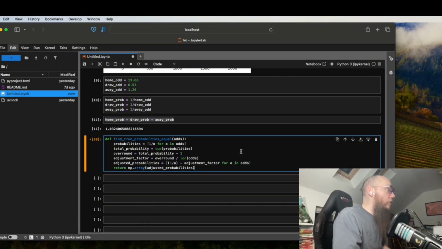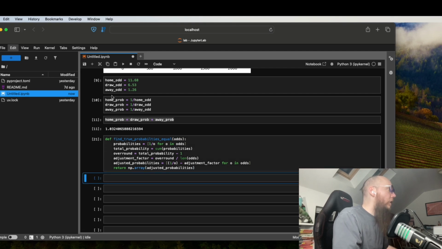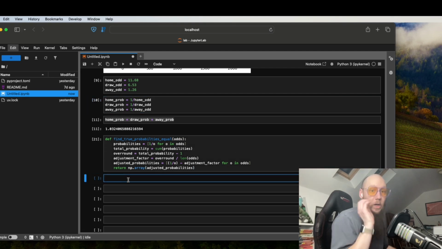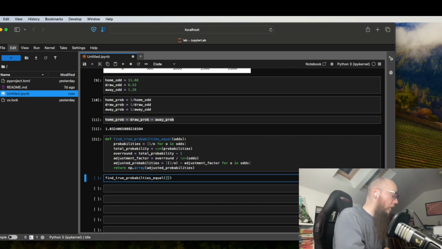That'll give us our adjusted probabilities. So if we read that function in, we can then just check that it is true. So if we experiment on our odds, and we're reading in a list of odds, we know that we've got home odd, draw odd, away odd.